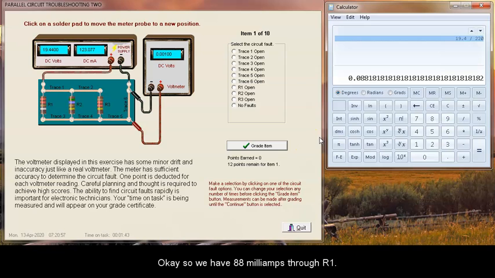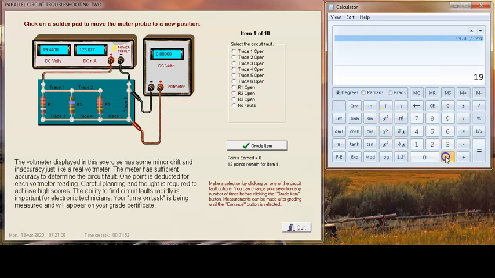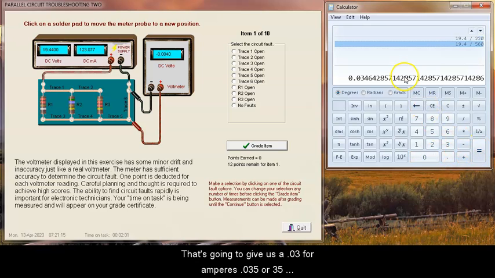So we have 88 milliamps through R1. Through R2, it's 19.4 divided by 560. That's going to give us 0.035 amperes, or 35 milliamps.